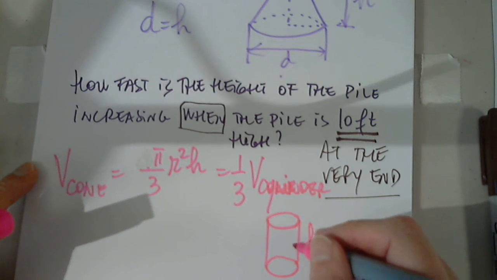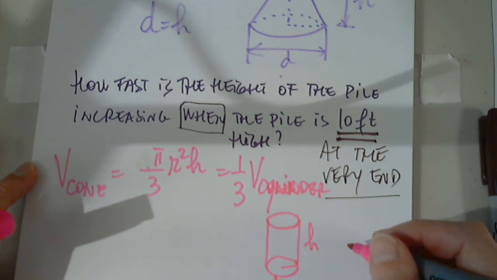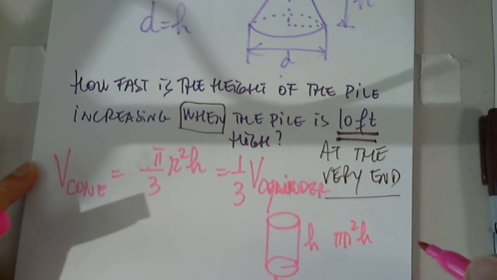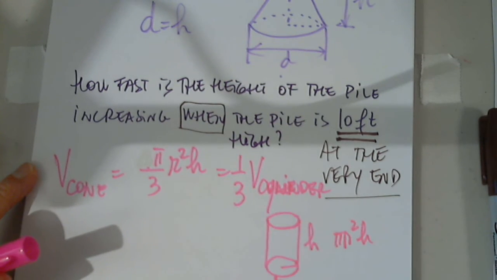So this is the height and this is the radius. So it's the area of the base, pi r squared, times the height. And the cone is 1/3 of it.